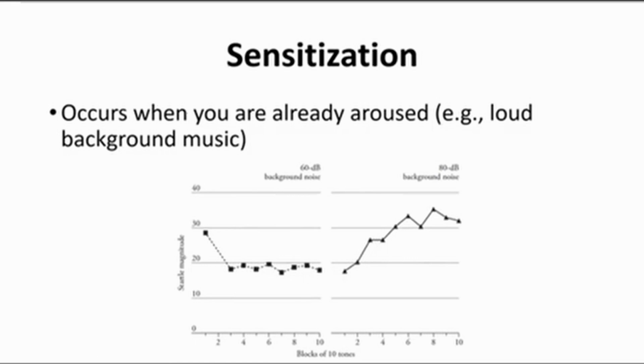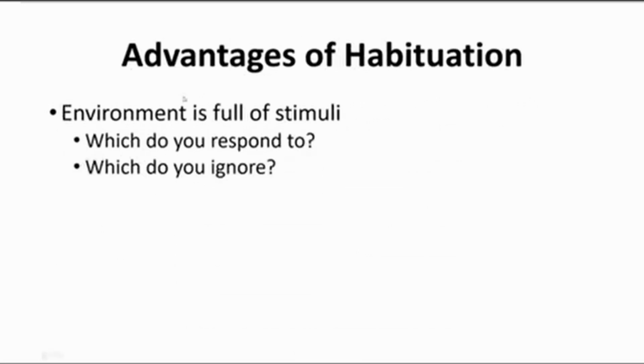So you're responding to the same stimulus, the same doorbell, in very different ways based on other factors that are involved. So here we're going to start talking about why we even have this idea of habituation and sensitization. What's the use of these two processes? And so habituation and sensitization are kind of like two sides of the same coin.